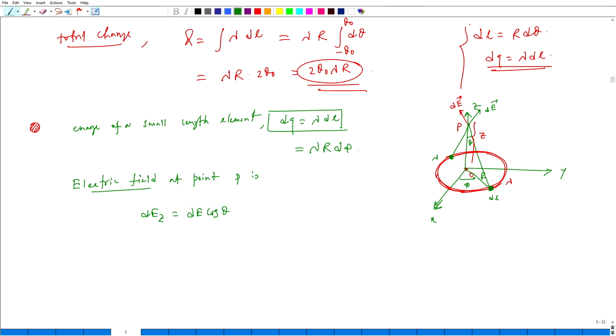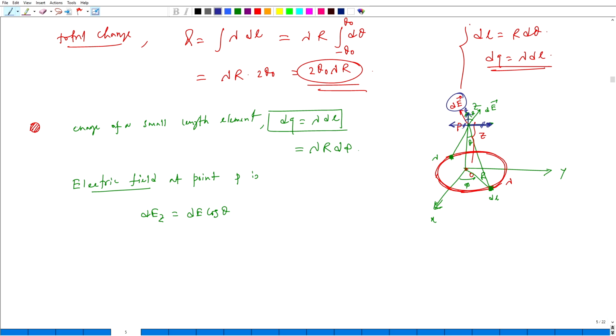So we use the symmetry argument and say that if we project this dE into the y component and z component, since we are considering the yz plane, and this again makes an angle theta with the z axis, the y components cancel each other.